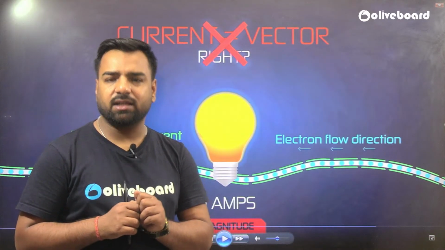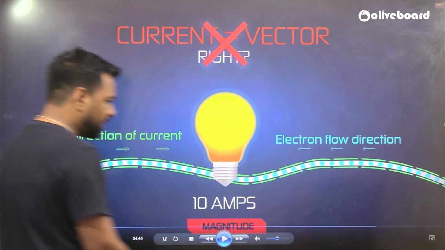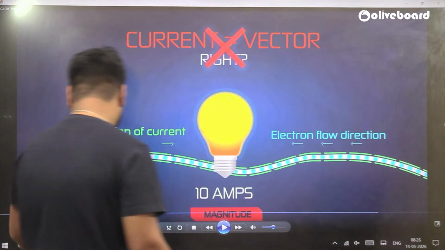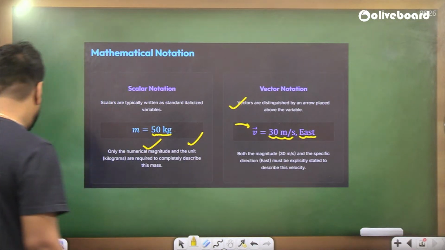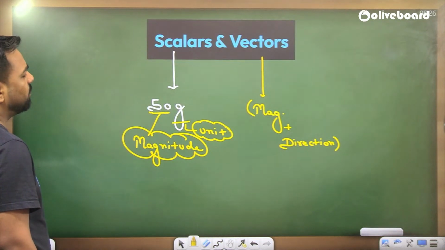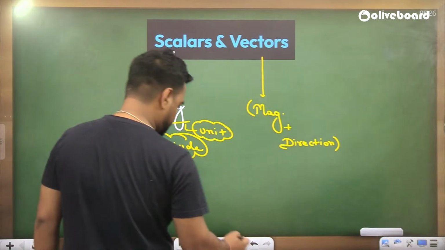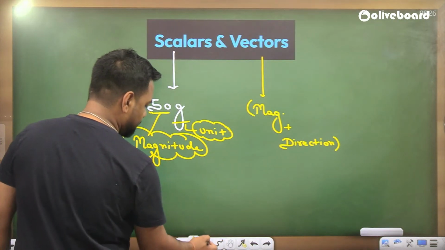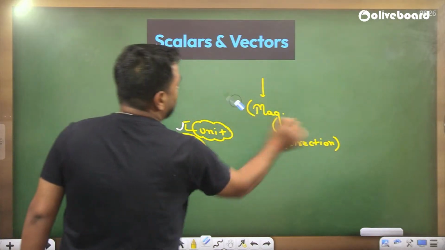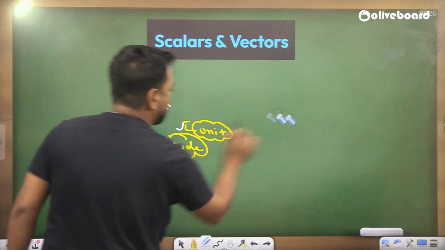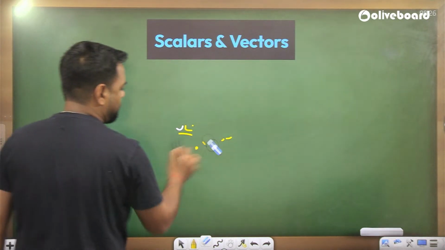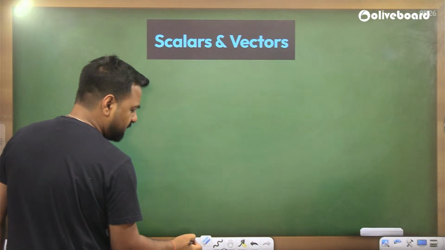I'll just take my board back again. One second, guys. On the first slide where I was explaining the concept, I'll just remove this part. Okay, now please focus on this point.